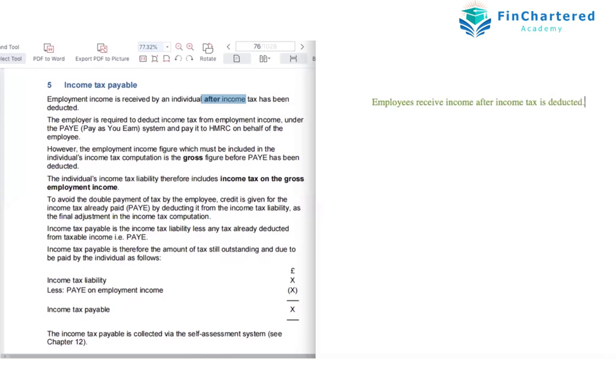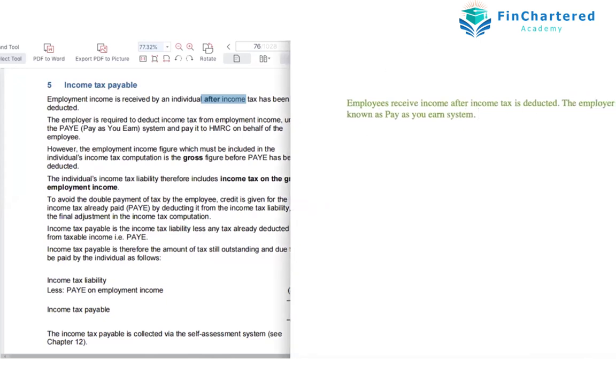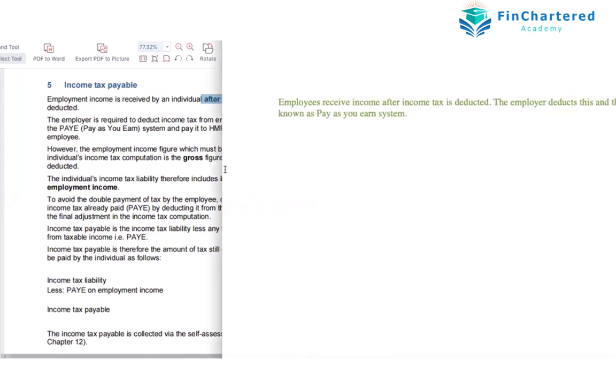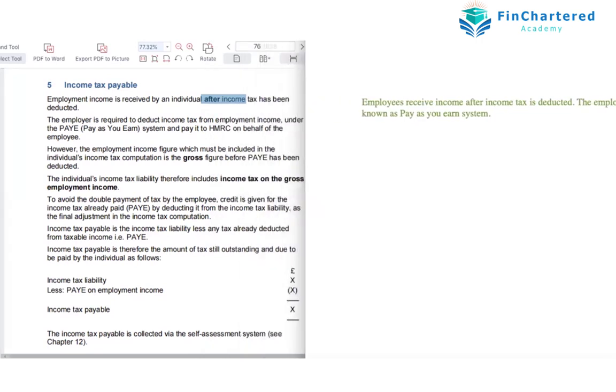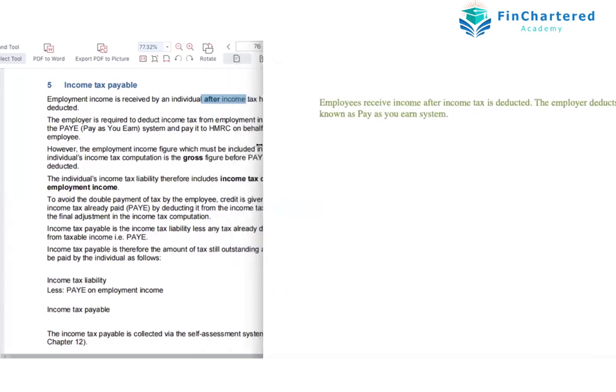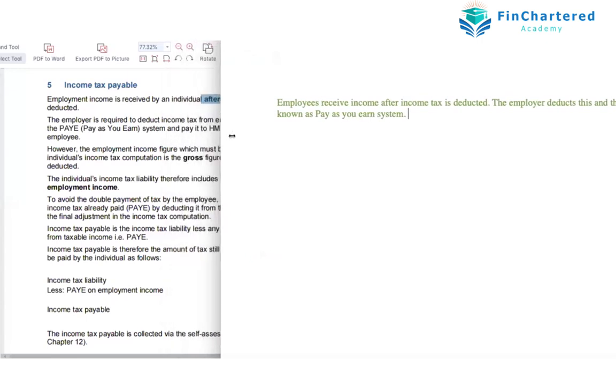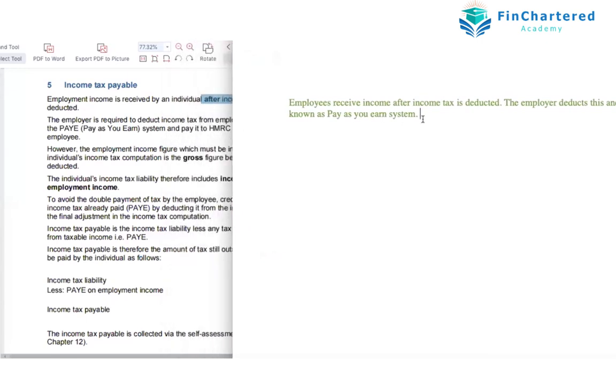So the employer deducts this, and this is known as the pay as you earn system, where the employer deducts your tax liability and pays a part of your tax liability, on your behalf, to the HMRC. Okay, that is the first thing you need to know.